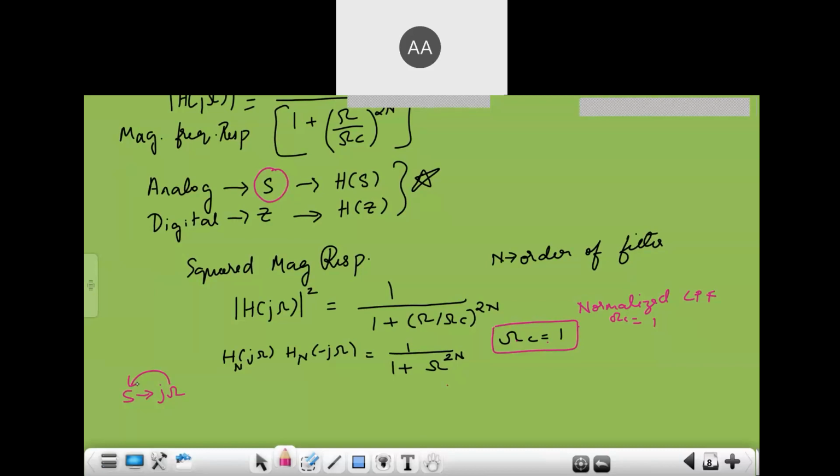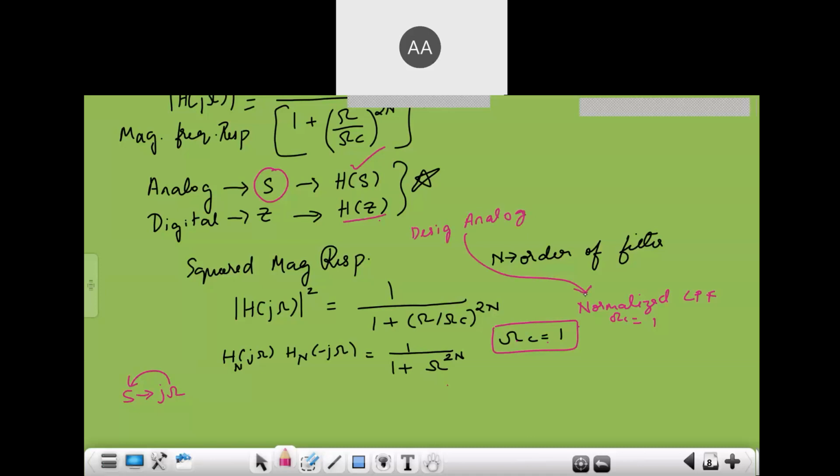First thing, remember, you are going to design the analog specifications first, and then you will convert it to digital. So if you have to do that, first you are going to design an analog filter. And which analog filter are you going to design? You're going to design a normalized low pass filter, and then you'll do whatever it is. No matter what, just remember this.